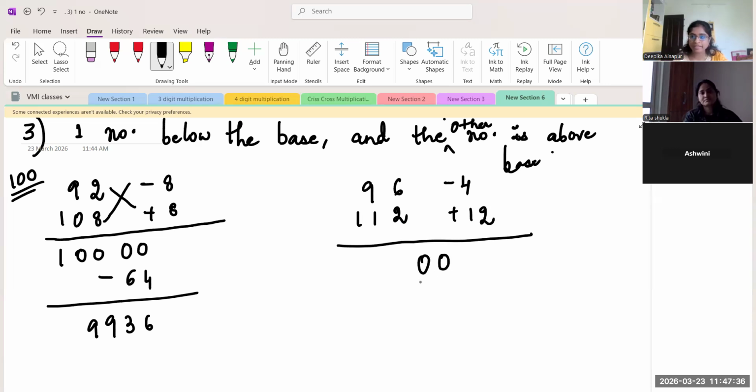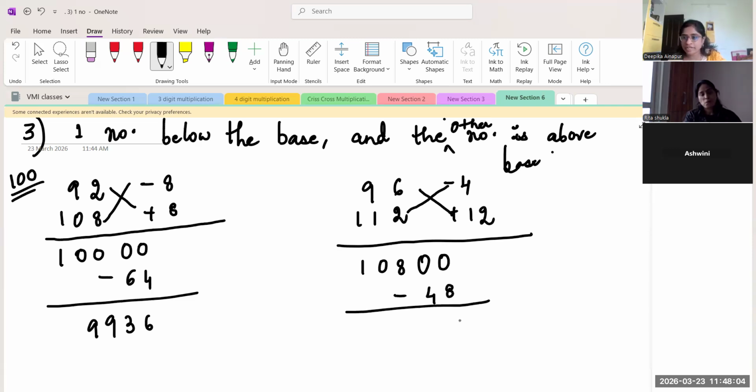Later I'll do the subtraction. 96 plus 12 is how much? 108. 112 minus 4 is also 108. Right. And then here one more thing is we have to do the multiplication of this. That is minus 4 into plus 12. Minus 4 into plus 12 will be minus 48. That I'll take it here. So same thing, normal subtraction we should do.